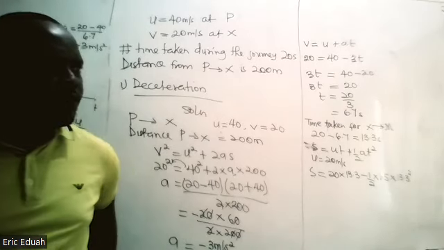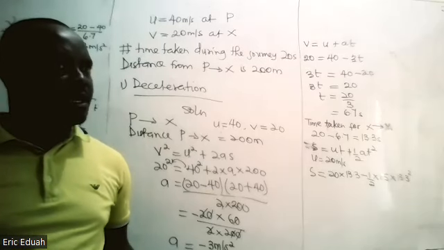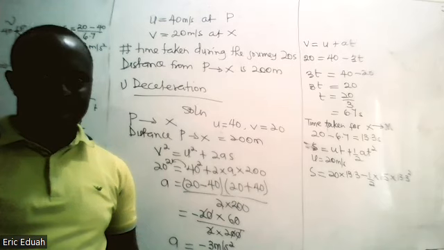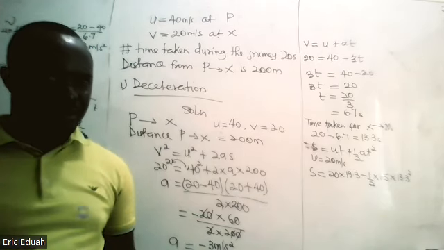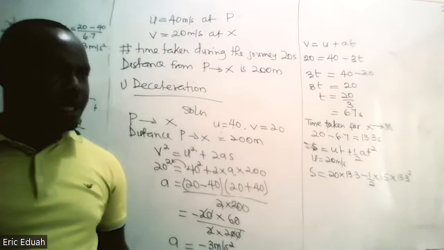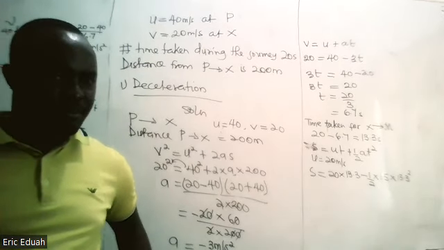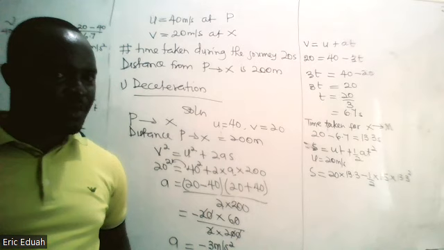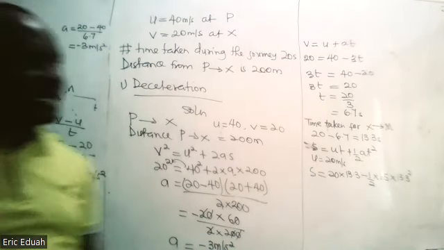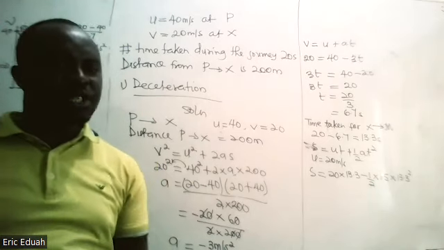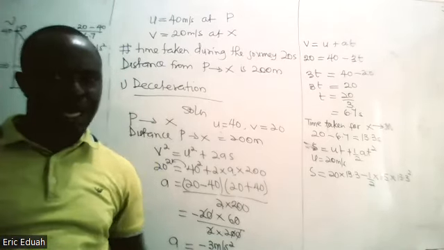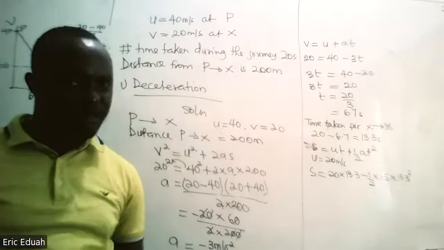Why didn't I solve what? The acceleration from x to m. Why didn't you add that one to I's answer? No, they are not the same. The deceleration from p to x is different from the deceleration from x to m. You can't add. They are not the same.